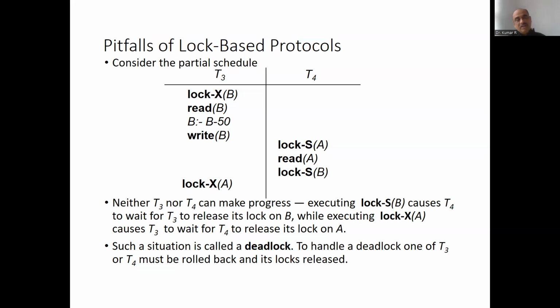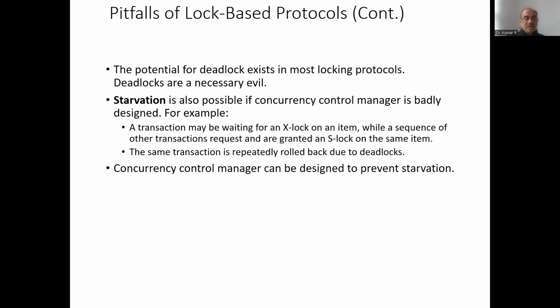Similarly, B is locked by T3 and it waits for T4. Both are locked in such a way that no transaction can be completed. Such a situation is called a deadlock, as in operating systems. To avoid this deadlock, one of T3 or T4 must be rolled back and its locks released.